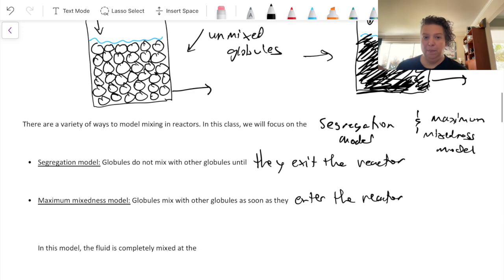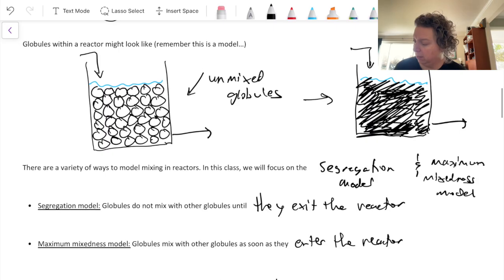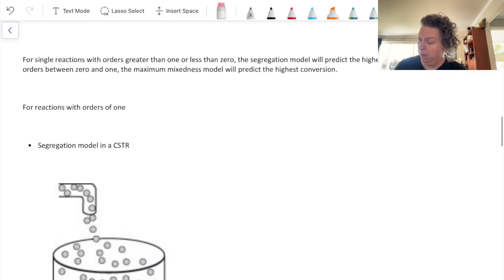So in the maximum mixedness model, the fluid is completely mixed at the molecular level. That's the maximum mixedness model, which looks something like this. The segregation model looks something like this.